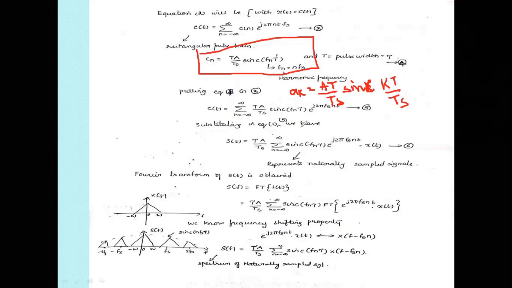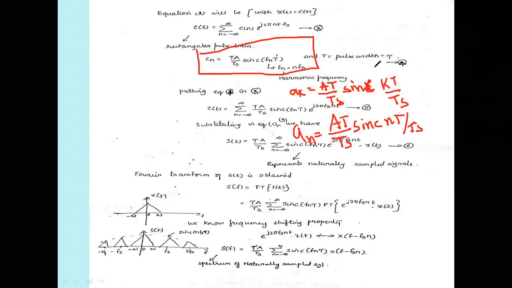So here the k is replaced as n. An is equal to A T by Ts sinc n T by Ts. What is 1 by Ts? Nothing but the T naught only, or Fs. So n into Fs is the Fn value.